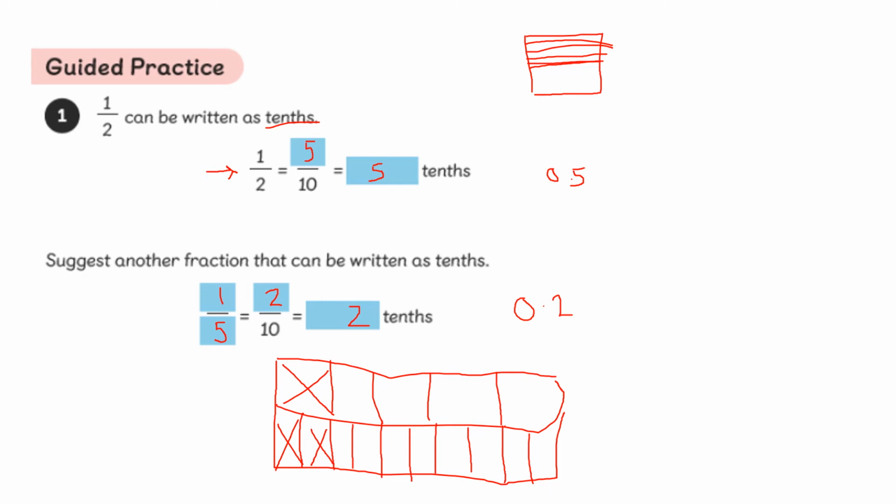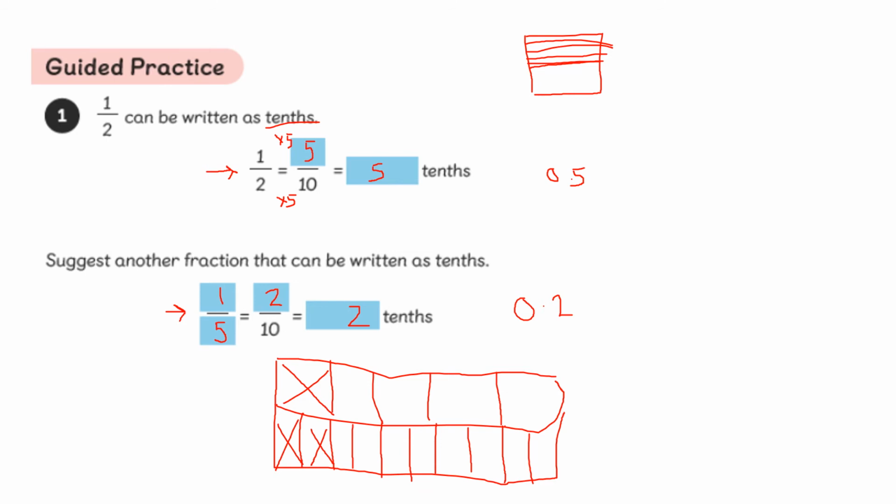Now, if you need to draw something like this, then that's fine. But also look at the numbers in the top number sentence and the numbers in the bottom number sentence here. They've practically been jiggled around, and the numerators and denominators have been multiplied by different numbers. So we can see at the top here that 1 has been multiplied by 5, and the denominator below has been multiplied by 5 as well.